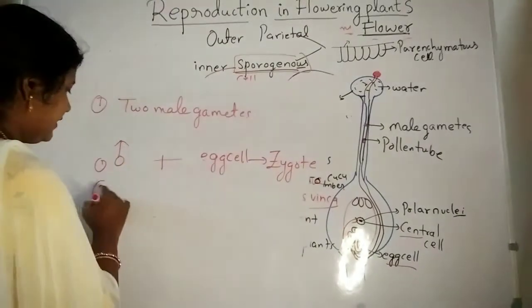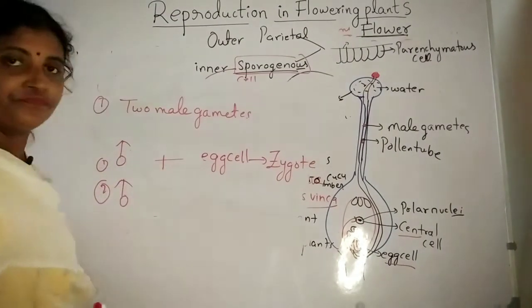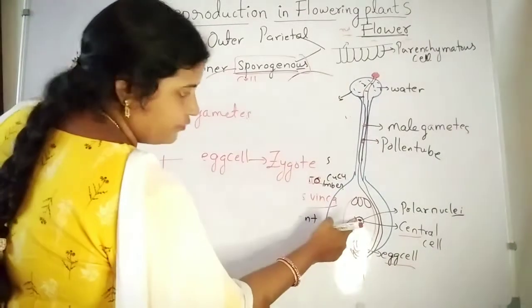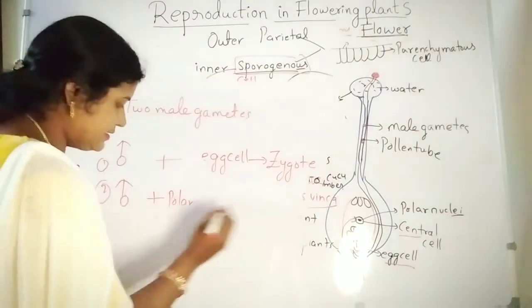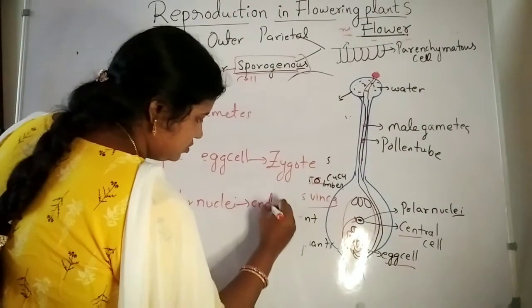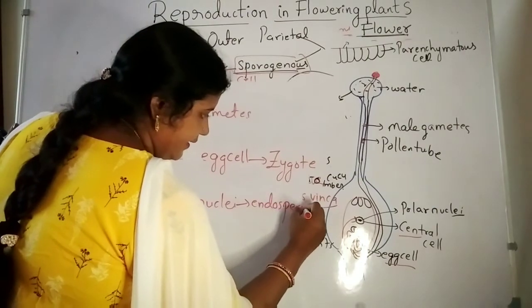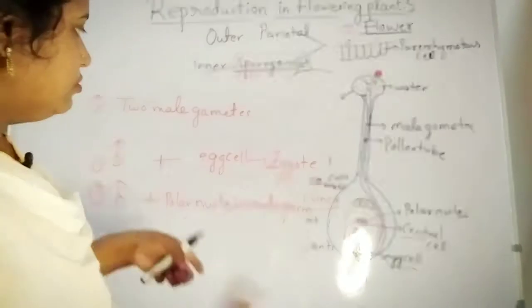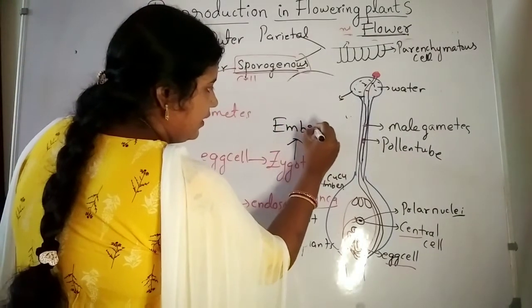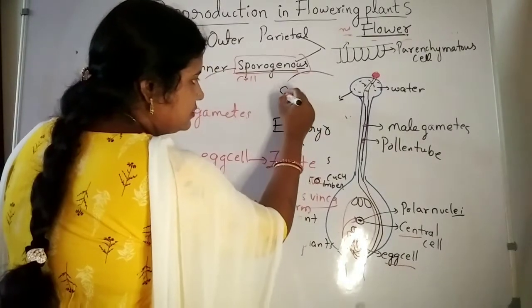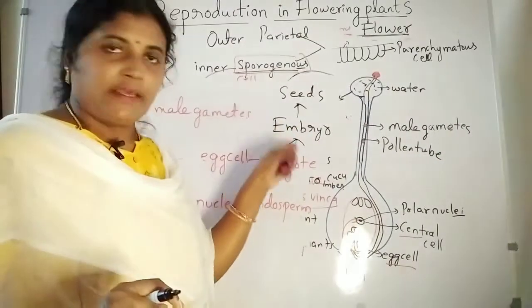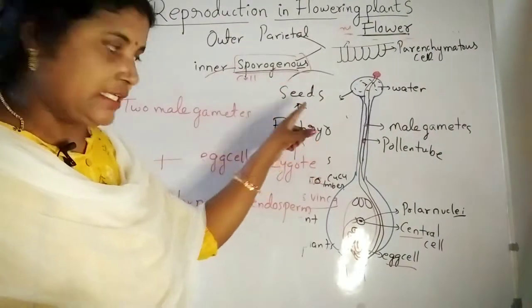Next, the second male gamete fuses with the polar nuclei in the central cell, and it forms endosperm. The zygote develops as embryo, and embryos develop as seeds.